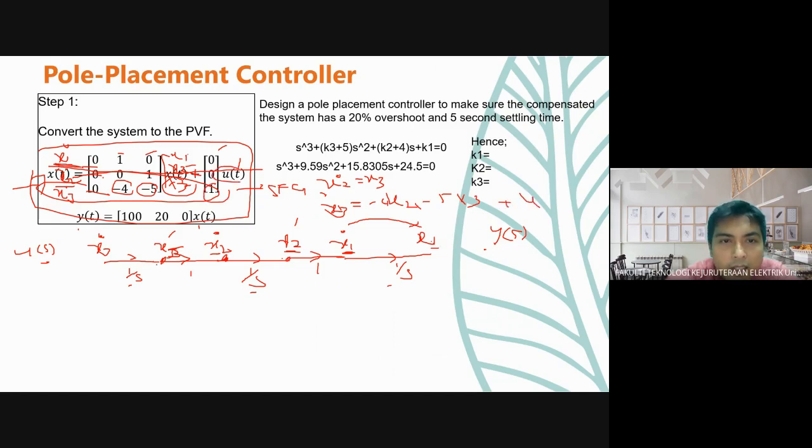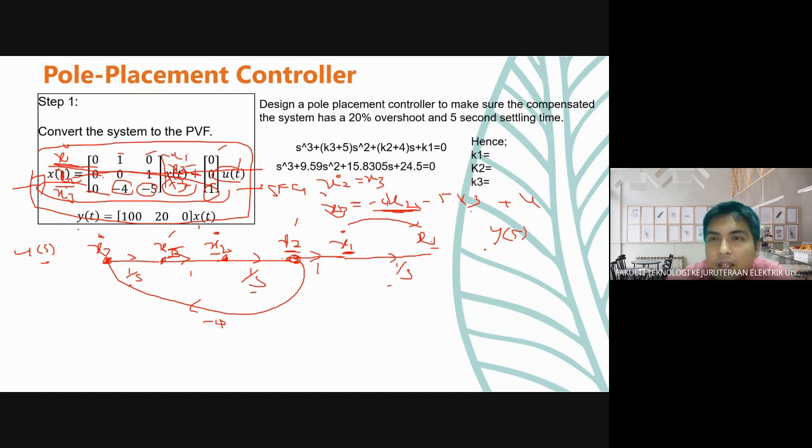So this x3 dot must be negative 4 multiplied by x2, so negative 4 x2.